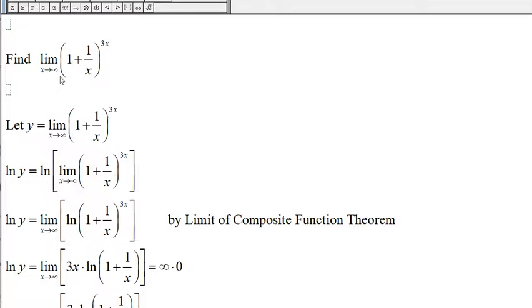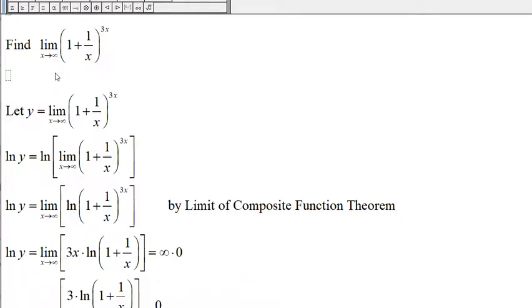Here we want to find the limit of (1 plus 1 over x) to the 3x as x approaches infinity. So let y be the limit of (1 plus 1 over x) to the 3x as x approaches infinity.